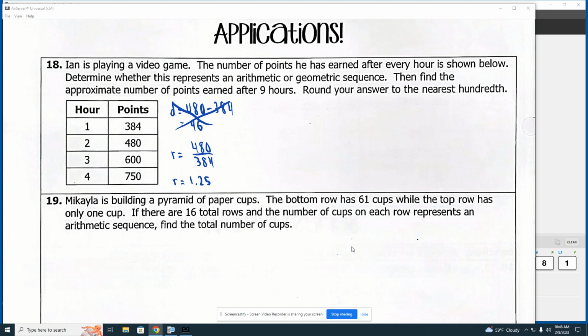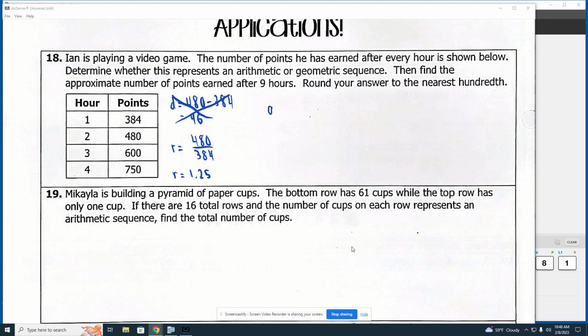Right, Caden? Yes, sir. So what would my equation be for this geometric sequence? 384 times 1.25 raised to the n minus 1 power. Correct? That's it. Now, we got to answer the question.